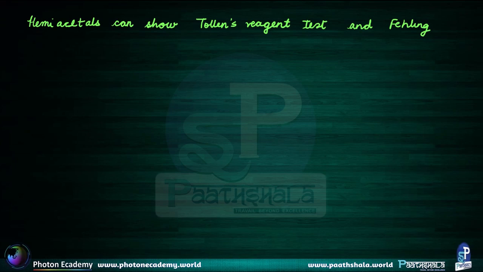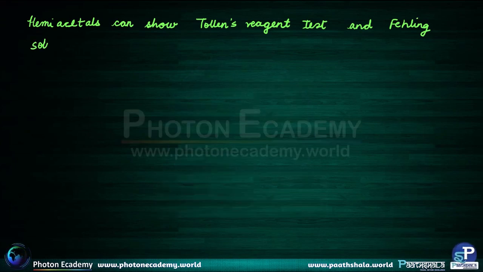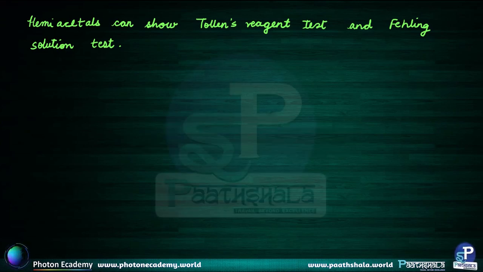So these tests, both of them are given by hemiacetals. Also, to keep a point in mind, since we are dealing with hemiacetals which can reduce both the Tollens reagent and the Fehling's solution, I can get you a next category which we can look through, which is reducing sugar. Now, what are reducing sugars?